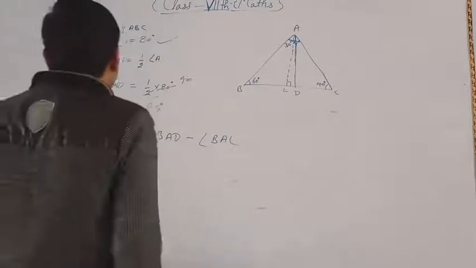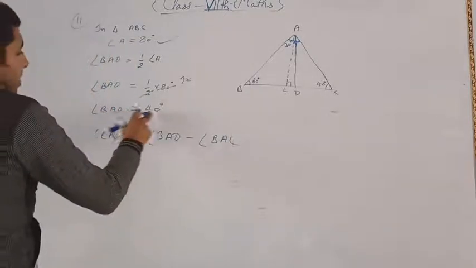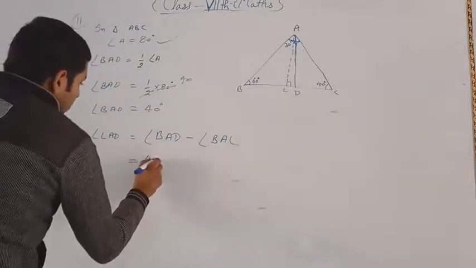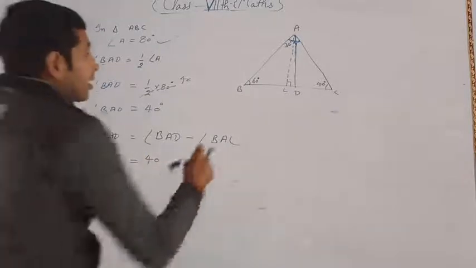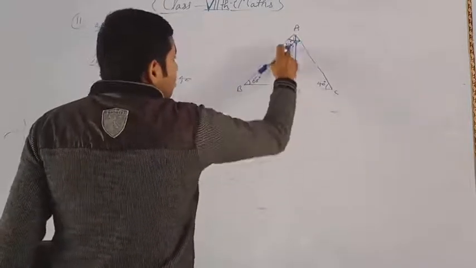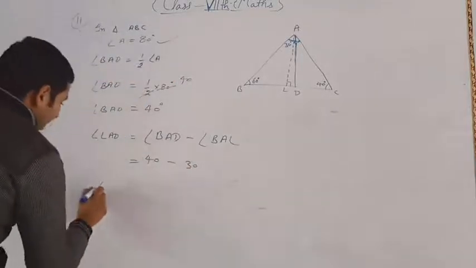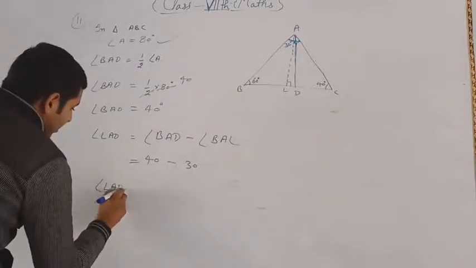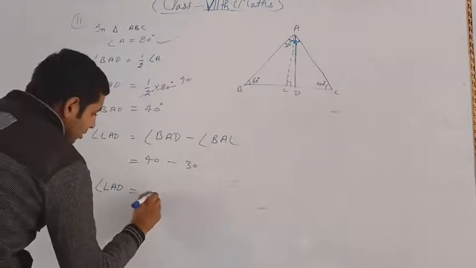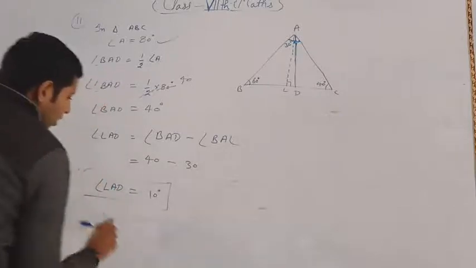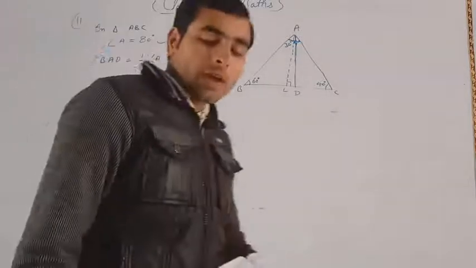Angle BAD is 40 degrees minus angle BAL, which is already given as 30 degrees. So angle LAD is equal to 10 degrees, which we had to find. So it's proved.